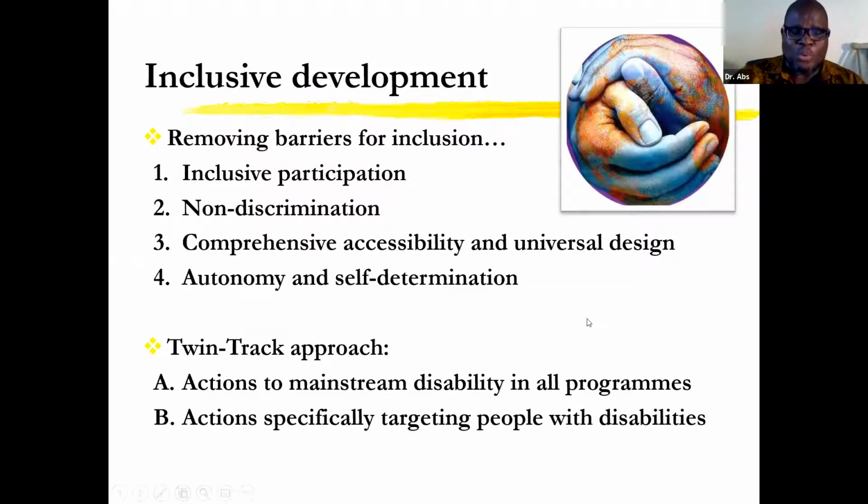But to be able to remove some of those barriers that I talked about earlier, we need to be non-discriminatory. Of course, comprehensive accessibility and universal design. One of the things I mentioned in my advocacy work, I did a lot of advocacy work in the UK in Bracknell. In fact, when I was working in the accessibility unit as part of the ITS in the Department for Transport in London, I used to travel regularly to London.